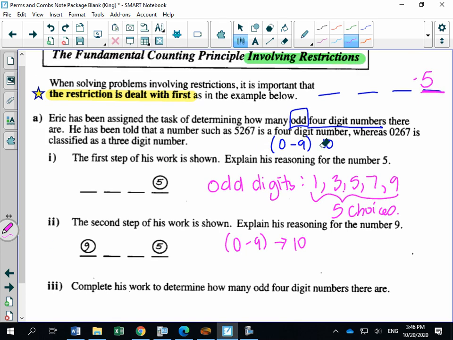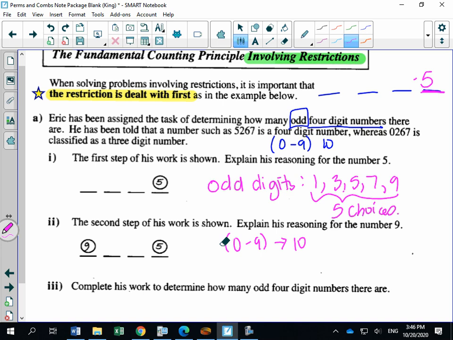If you read up in the question, it says he was told that a number such as 5267 is a 4-digit number, but 0267 would not be classified as a 4-digit number. It would be classified as a 3-digit number. So if you interpret this correctly, the very first number could be any of these numbers except for 0.